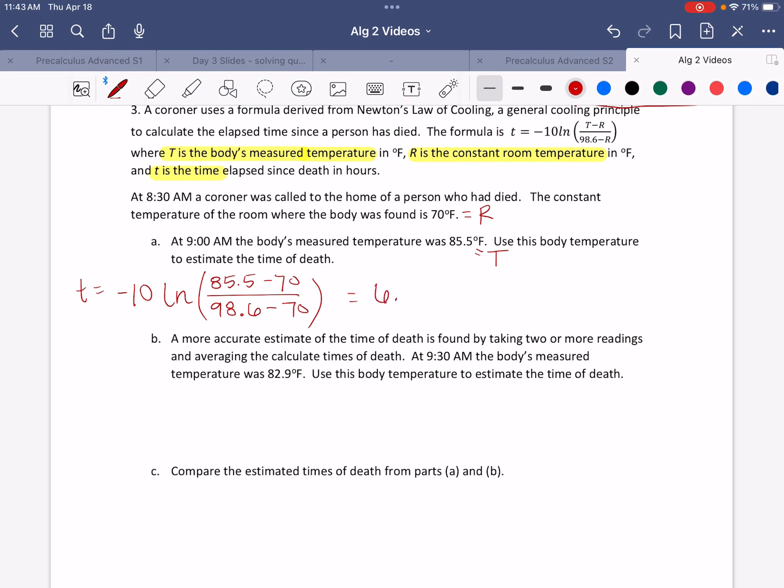So 6.126 is the number of hours ago that this happened.